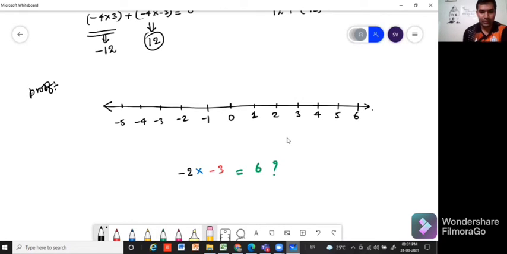Now the key rule is this number tells us in which direction to face. And this will also be the size of steps. This number tells us the number of steps. And this also tells us in which direction to move.